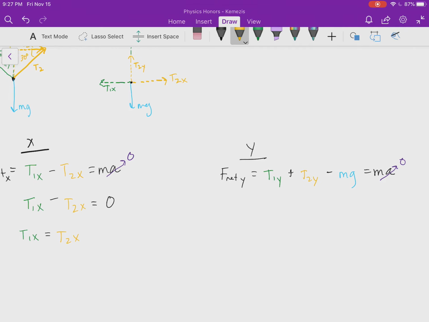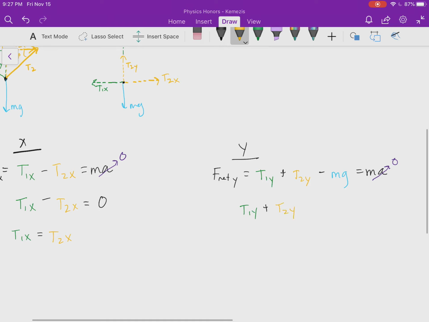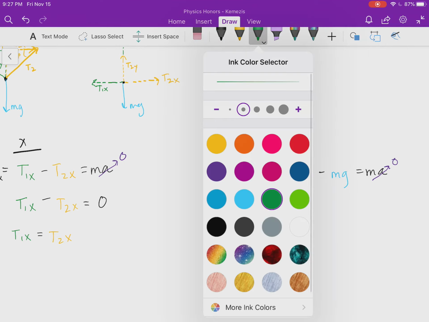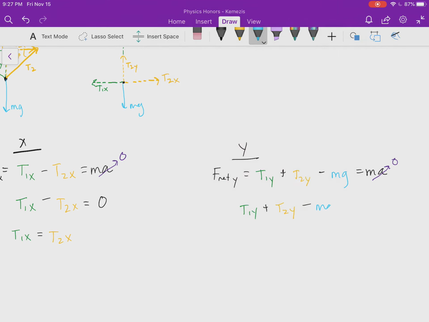And if we come over here, again we have T1y plus T2y minus mg is equal to 0.